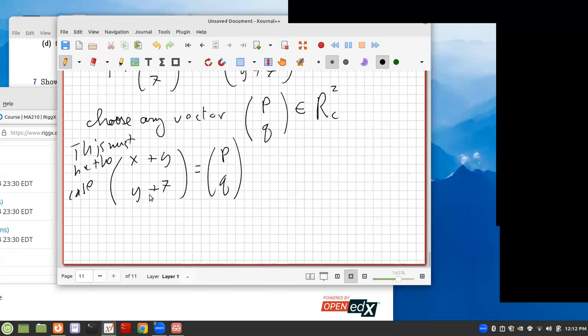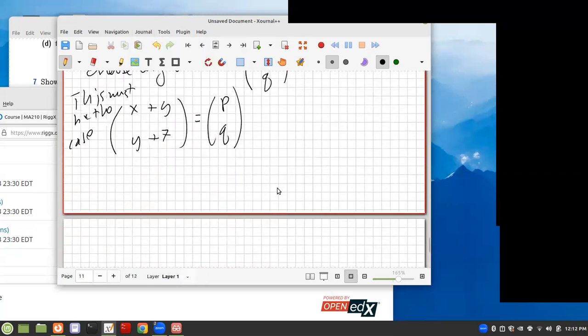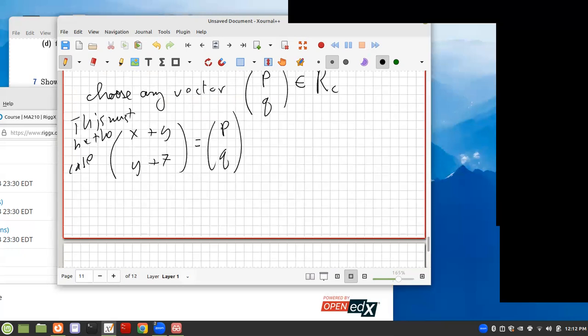Now we can see that this in fact is a linear system. Again, a slightly different one, because we're choosing any vector p and q, so these are like chosen constants. So we have the augmented matrix for this system. Because we want to find x and y and z.